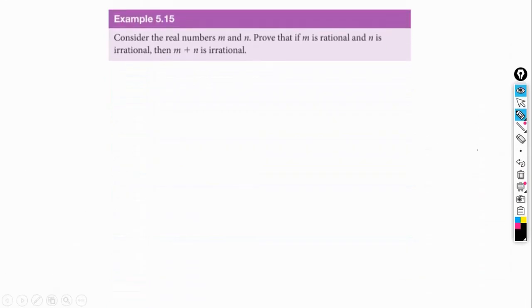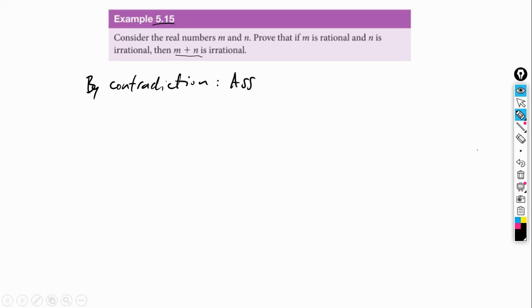So we're going to begin with example 5.15, and it says, consider the real numbers m and n. Prove that if m is rational and n is irrational, then m plus n is irrational. So the first thing you have to do is state that you're going to make a proof by contradiction. And then from here, you have to assume something, right?